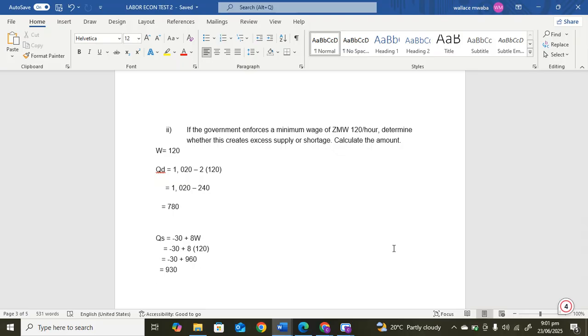So here we have a surplus or excess supply of labor, because the number of workers who want to work is greater than quantity demanded.